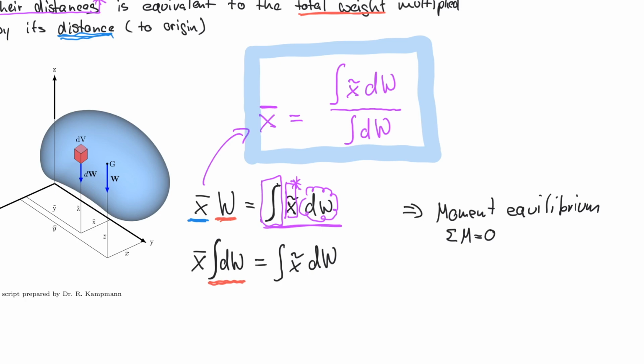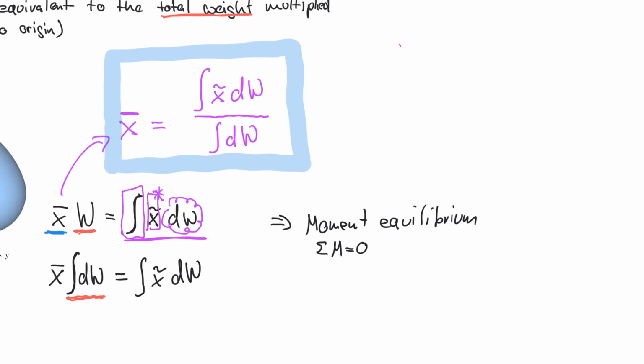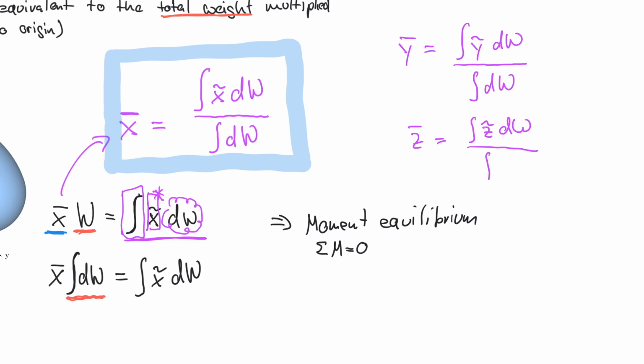To be complete here, let me clarify that I can also do this for all the other directions. So for the y bar, I would just deal with the same formula, just with y tilde dw divided by the integration of dw. And for z bar, I would be interested in finding the integration of z tilde dw divided by the integration of all dw's.